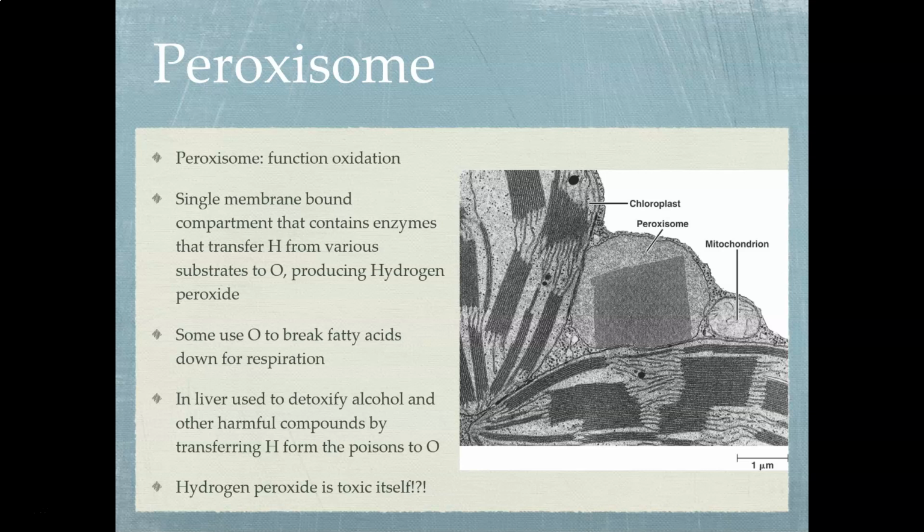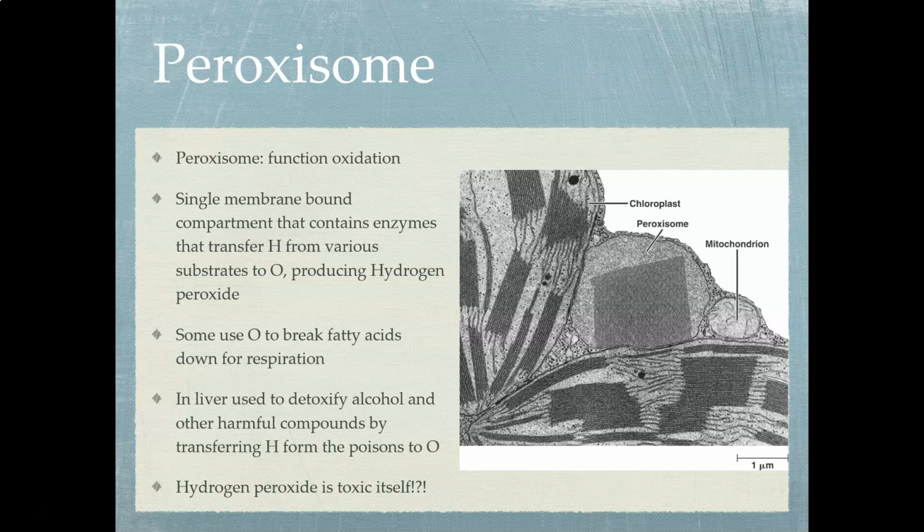We use this a lot with the catalase enzyme that we'll talk about a little bit later this year. So what it really does is take chemicals that come into your body that are presumably harmful and breaks them down. The problem is the byproduct they produce, while less harmful than the original substance, hydrogen peroxide in higher concentrations is also toxic.